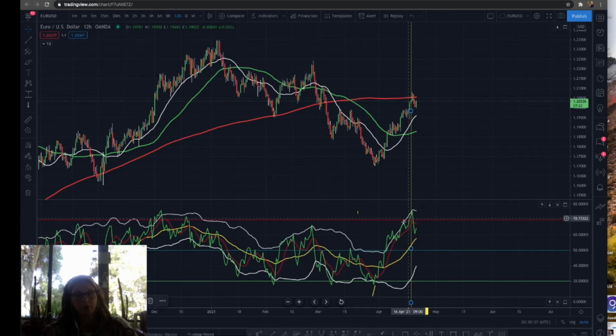Or I was seeing bearish divergence. So right here, we do have bearish divergence between these 2 points.